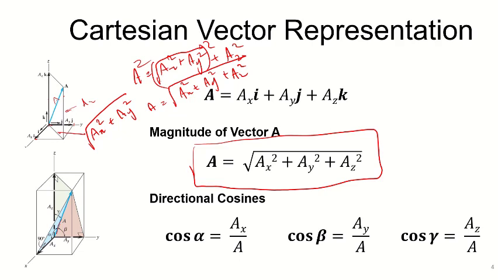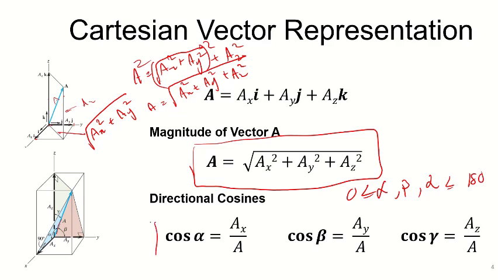Alpha, beta, and gamma are between 0 and 180, right?